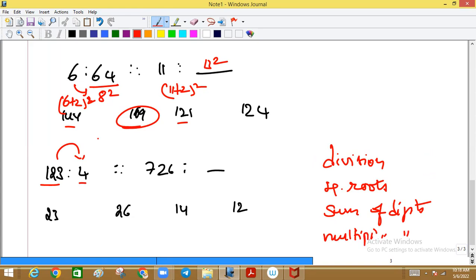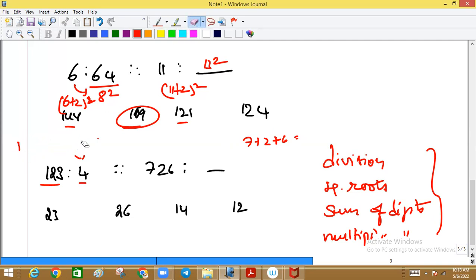And only these things are possible. Somewhere the logic will be in between only. So in this case, I can write something like this: 1 plus 2 plus 3, how much? 6. 6 minus 2 is 4. In the same way, 7 plus 2 plus 6, 15 minus 2, 13. 13 is not there. So sum of digits is avoided.